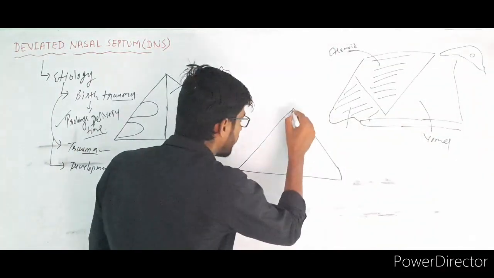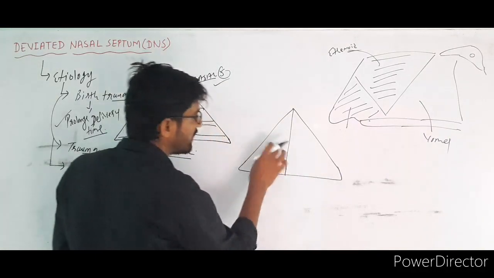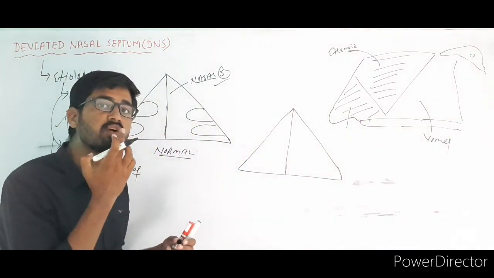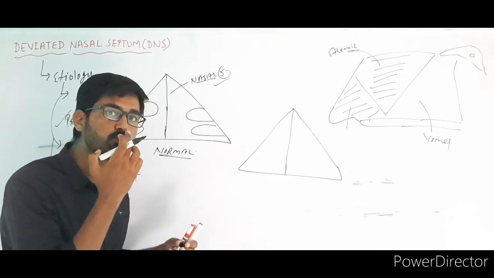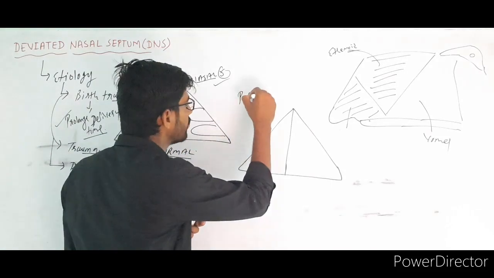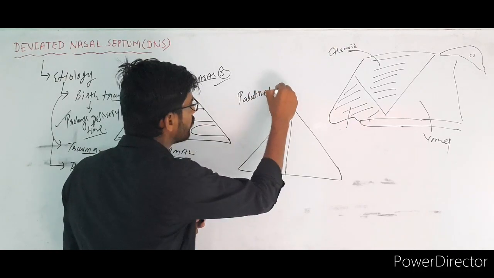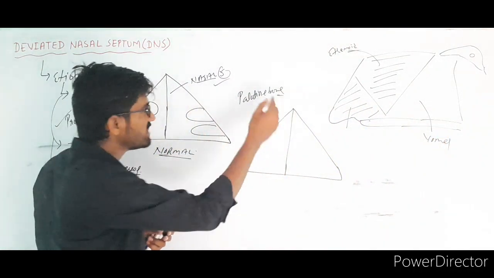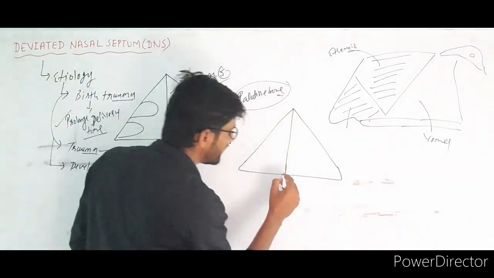This is the normal nasal septum, and this is the palatine bone. You all know the base of the nose is formed by the palatine bone. So it's formed by the palatine bone.